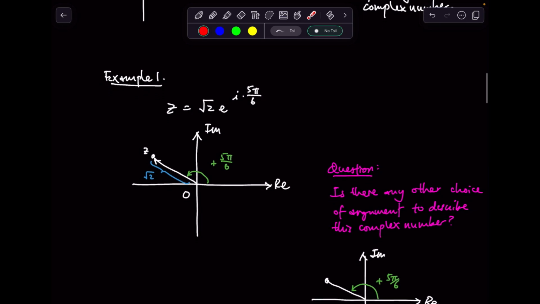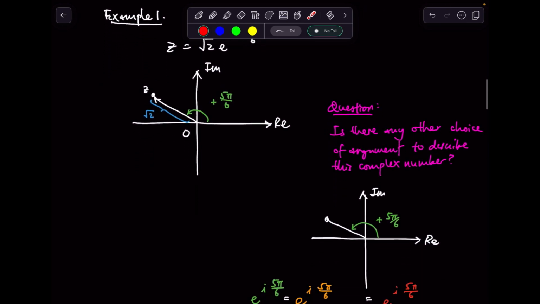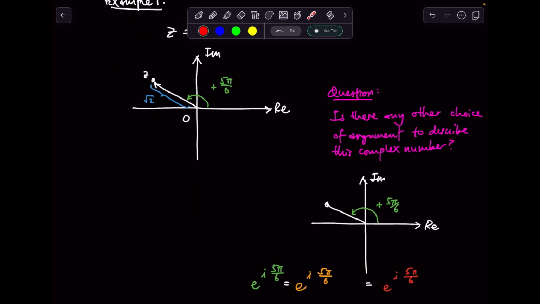Okay, now one question. Is there any other choice of argument to describe this complex number, right? Because I mentioned just now that we can measure a negative angle, right?